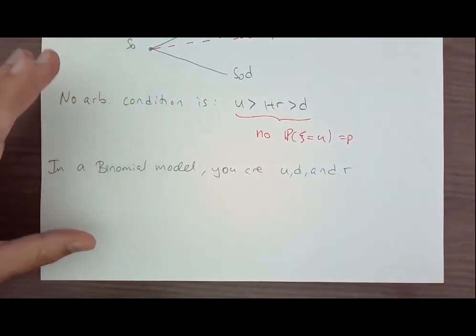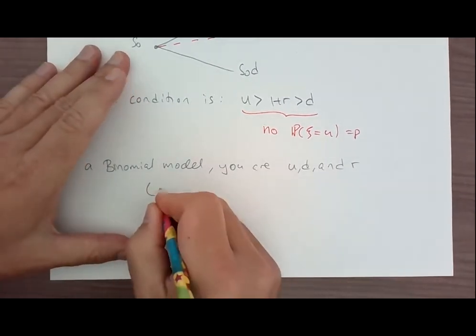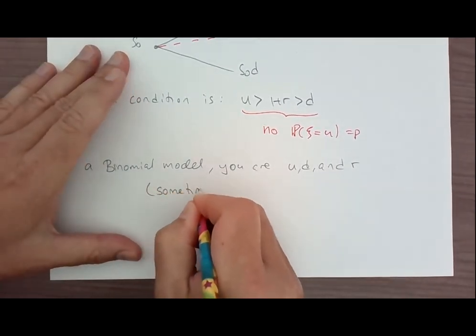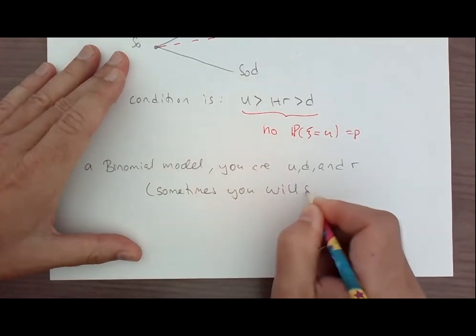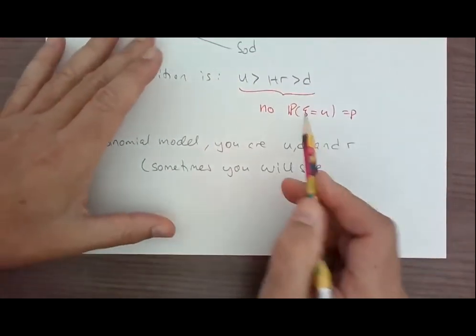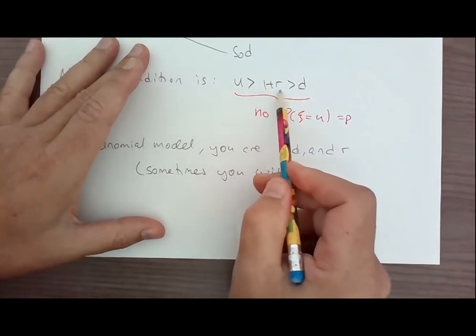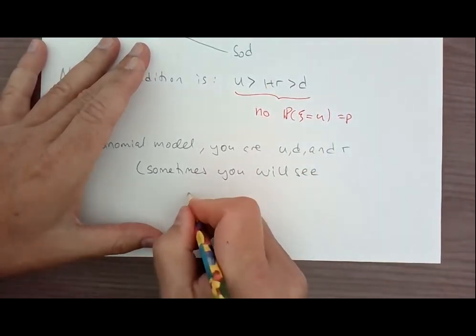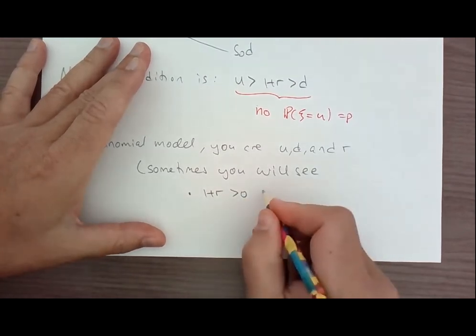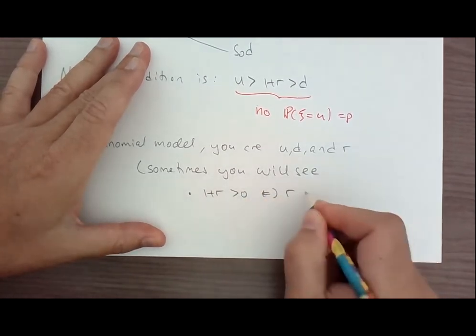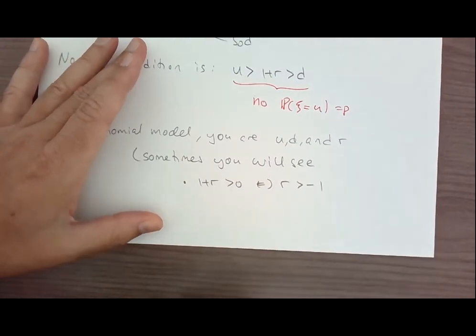Sometimes you will see one condition, that 1 plus R is positive. This means that R is bigger than -1.